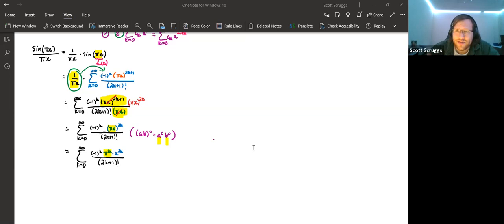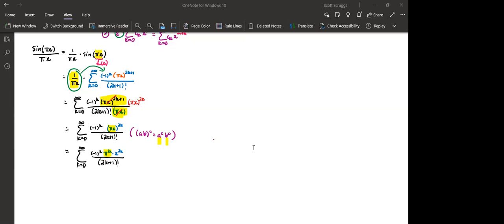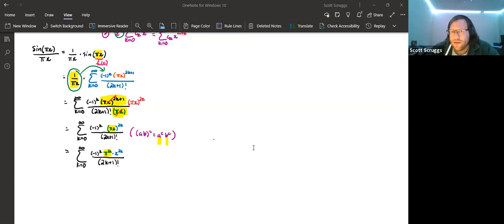So I did that extra step mainly because if I am integrating or differentiating, that pi to the 2k is a constant, not the variable I'm integrating with or differentiating with. Okay. So you're welcome. Any other questions, y'all?